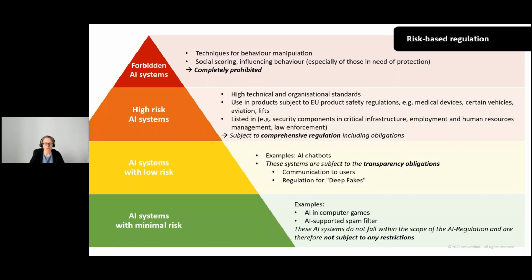If you use or develop a system that falls within this category, it does not fall within the scope of the AI regulation and is therefore not subject to any restrictions.